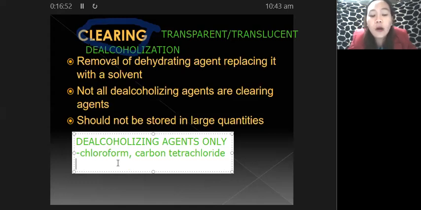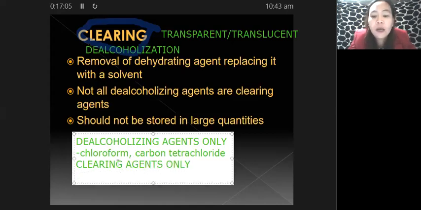We also have reagents which are capable of clearing but not removing your alcohol. We refer to them as clearing agents only. So what are these reagents? We have glycerin, we also have gum syrup, and lastly we have bronze solution.